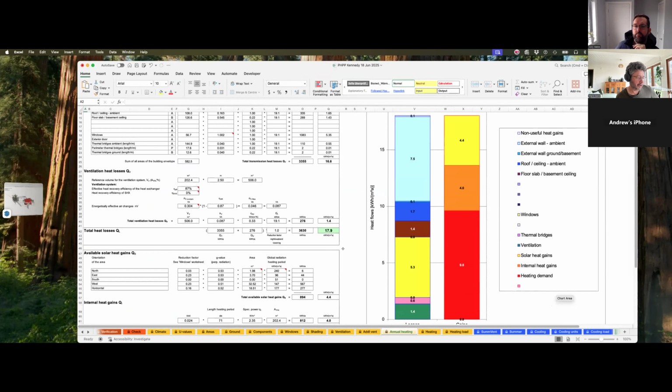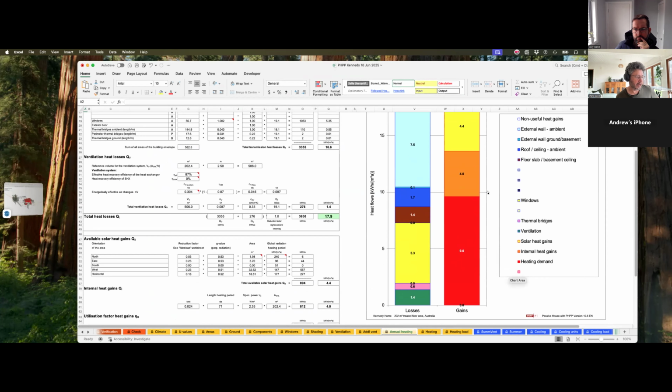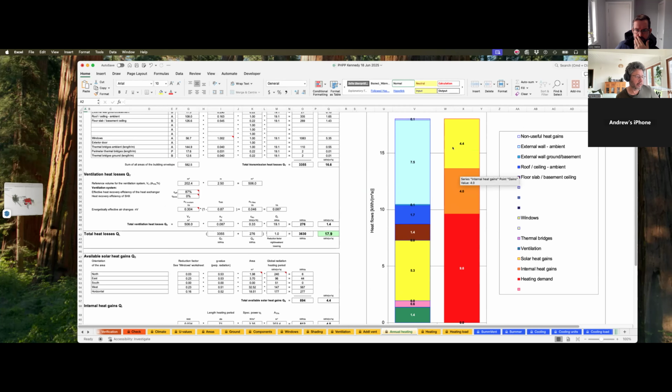This is just a curiosity. This is your heating losses and heating gains. So, for example, 4 kilowatt hours is coming from the body heat, cooking, etc. 4.4 from sun in wintertime.